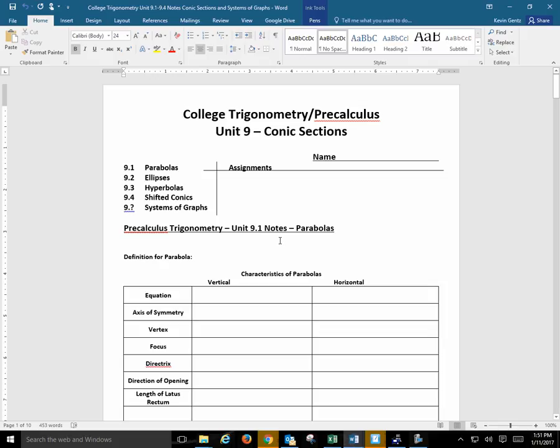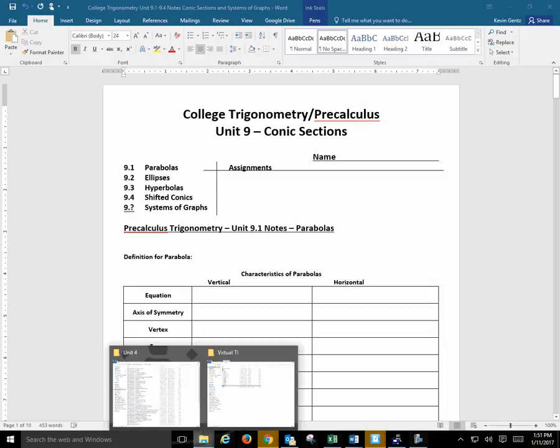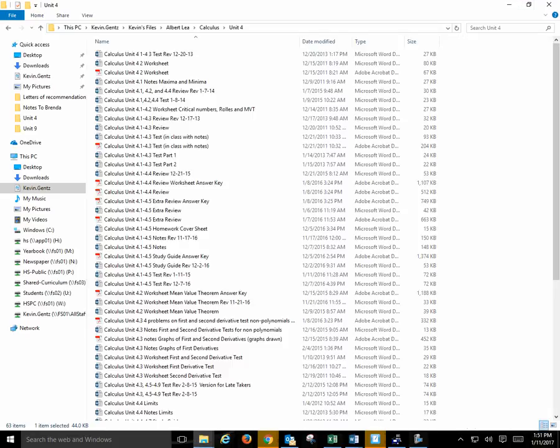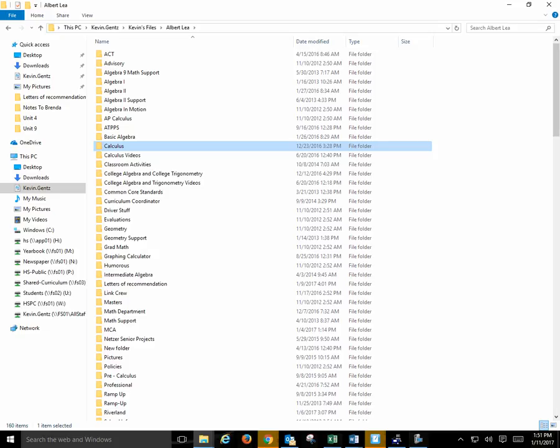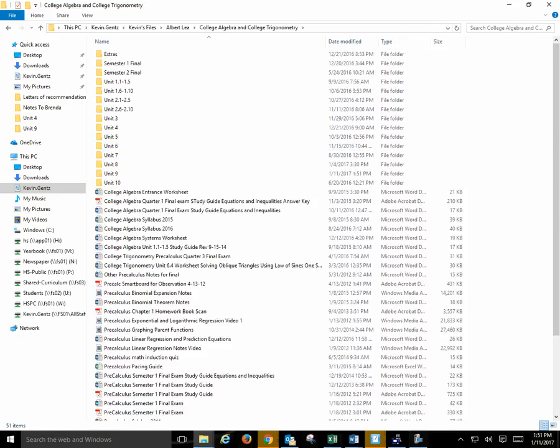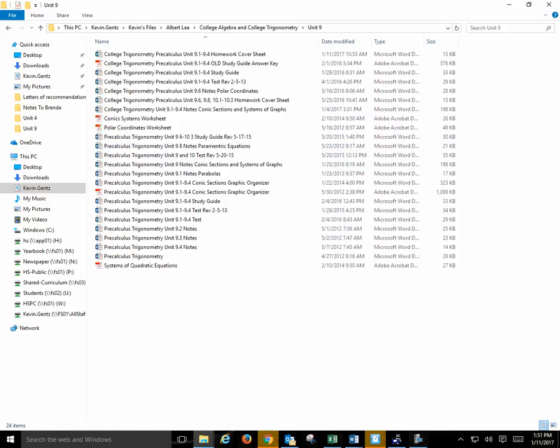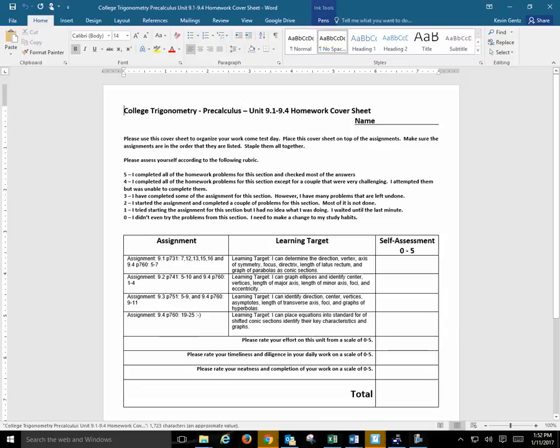Don't save, and now I'll reopen it, and I bet it will be Calculus, College Algebra Trigonometry, Unit 9, old homework cover sheet, and we've got, he did save it. What a dork. Okay. All right, we'll do 19 through 25. 9.4, page 760, numbers 19 through 25. I'm pretty sure that that's right. Page 760.